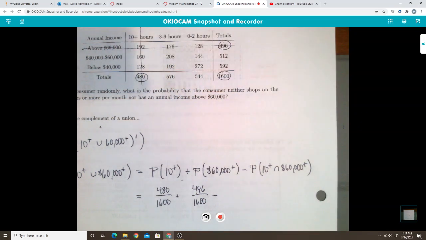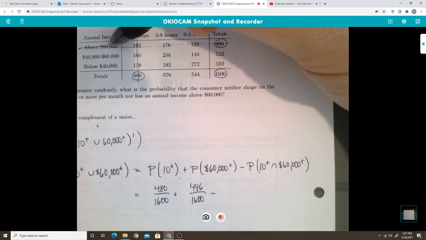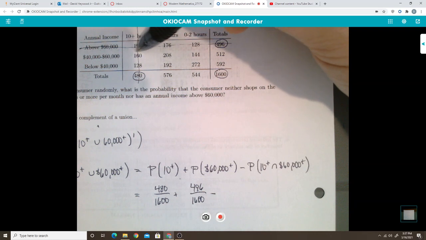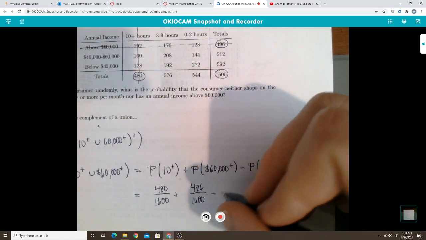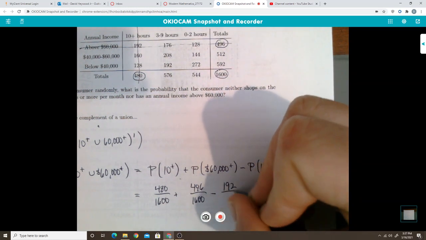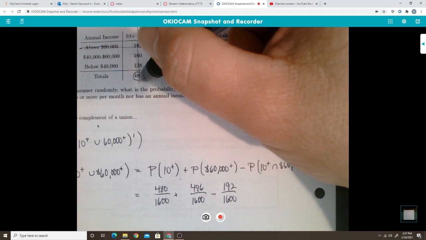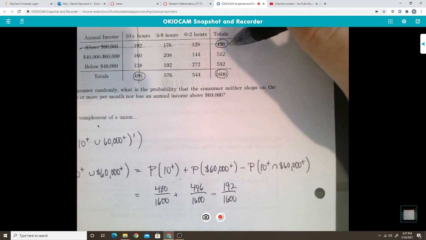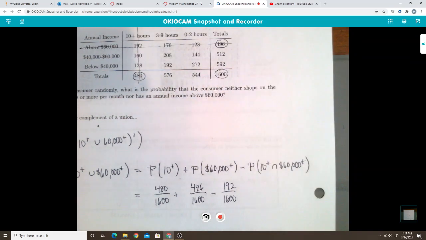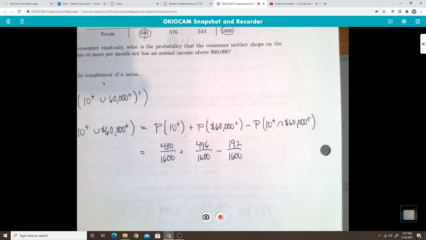Well, there were 192 of those people who made above 60,000 per year and who shopped 10 or more hours on the internet. So we subtract those off because we double counted them, right? We counted them once with the 10 or more, and then we counted them again with the above 60,000. So we need to subtract them off so that they're not double represented.